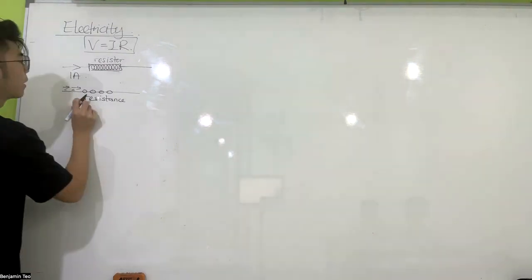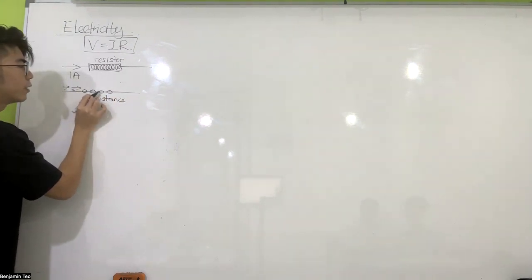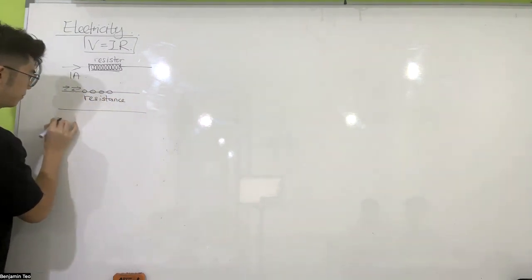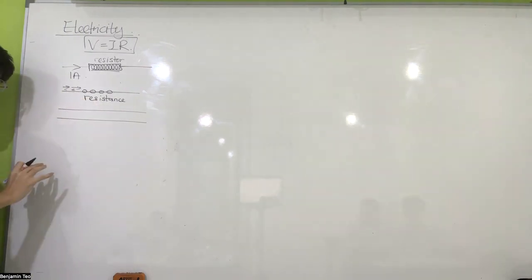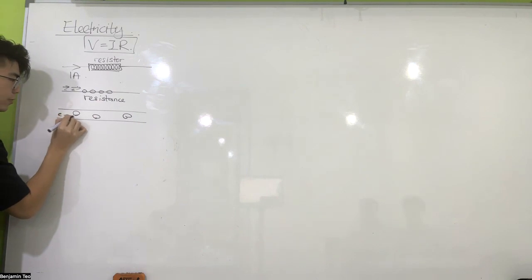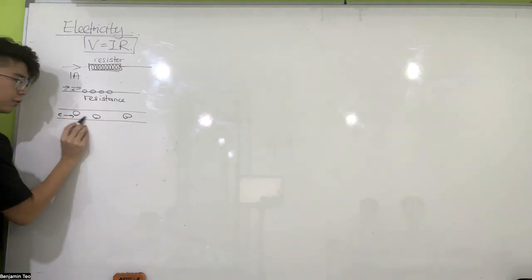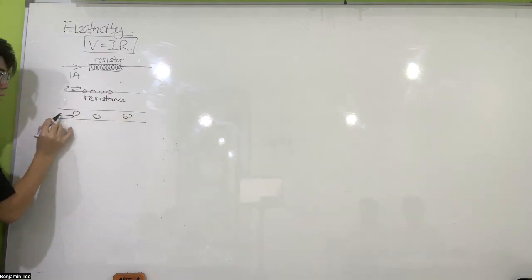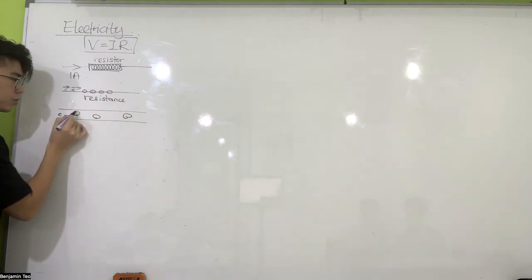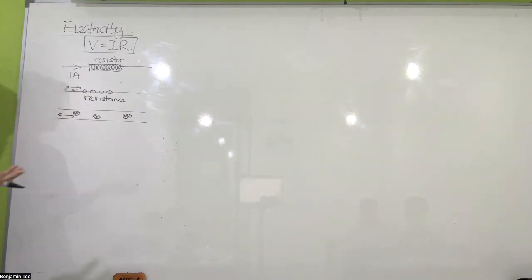It comes from the particles in the wire. Inside the wire, you have a lot of particles, and then you have electrons trying to flow past them. This is current. But as it flows, it's going to run into all these particles that slow it down. That's where the resistance comes from.